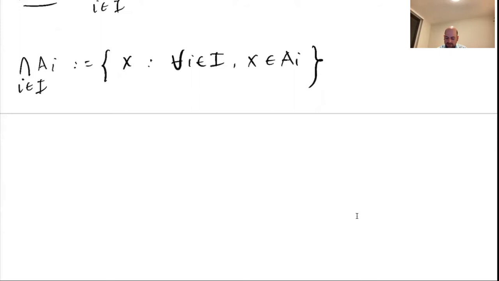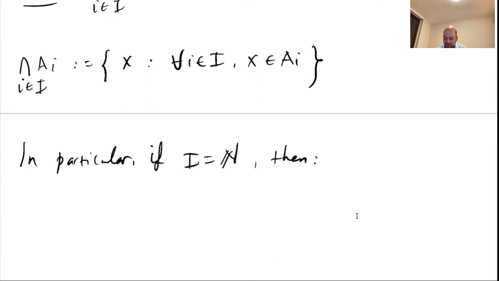Before giving the example, let me consider the case where the index set is the natural numbers. In particular, if the index set is the set of natural numbers, then the union of AI, I belongs to N, is also denoted with the union from I equals 1 to infinity of AI.